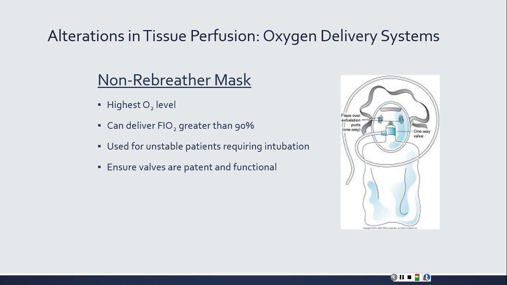Leaving this on, leaving the flaps closed, and we take off the oxygen supply. They get nothing. They're suffocating. It's basically the same as taking a pillow and putting it over their face. So that's very, very important that you are aware. If you've got a patient on a non-rebreather, you need to watch them real close. Because all it takes is for them to maybe move around or fight something or jerk that cord on the oxygen.